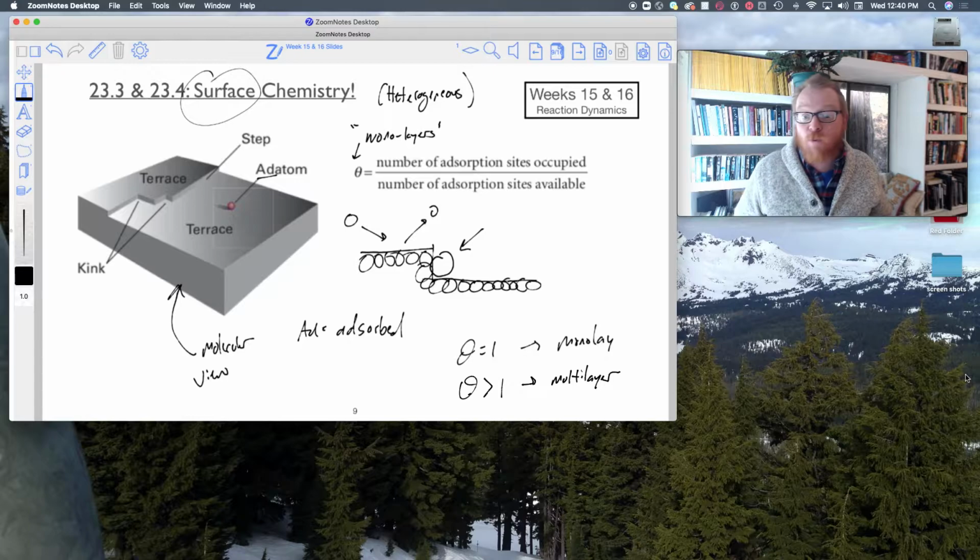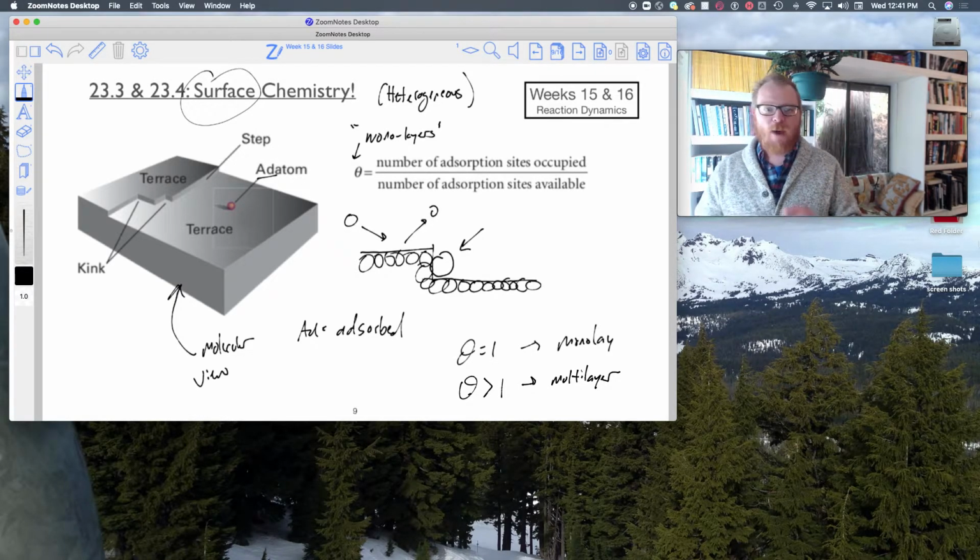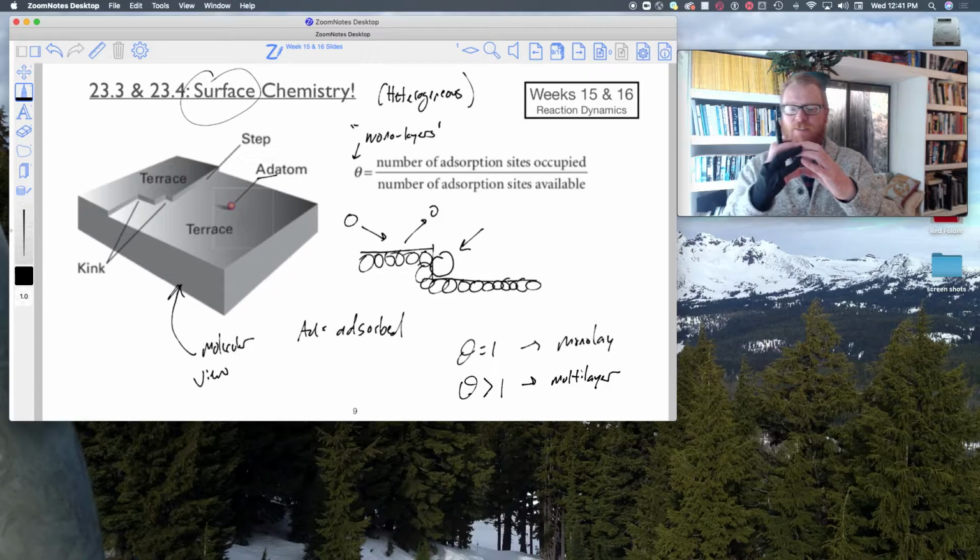Other adatoms won't necessarily create multilayers. And that's interesting from a surface chemistry point of view: if you have some surface surrounded by a multilayer of adatoms, what is that surface even doing chemically? Perhaps it's a big chunk of salt covered in water.